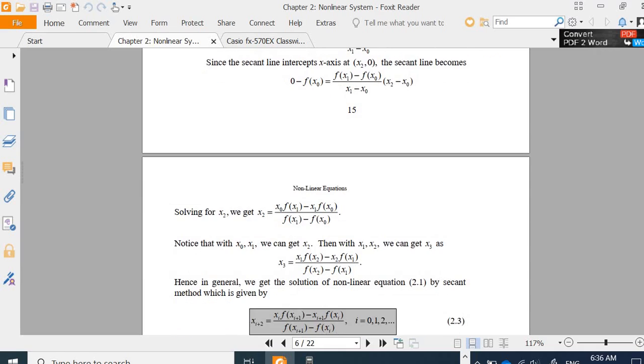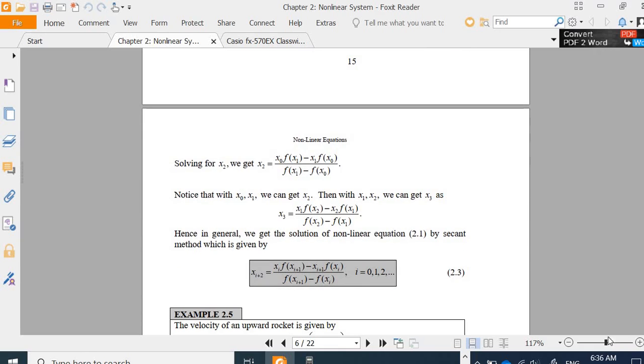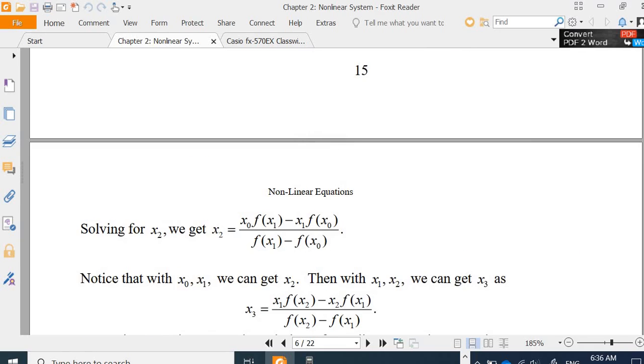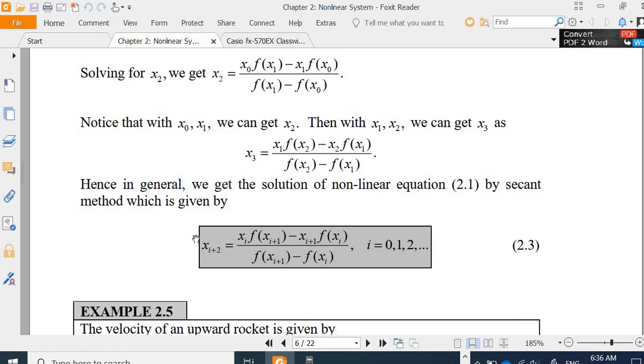Similarly, the general formula is this: with i equal to 0 and 1, x0 and x1 give you x2, and with 1 and 2 you get x3. So 0 becomes i, and 1 becomes i plus 1. This is the secant formula to solve a nonlinear equation.